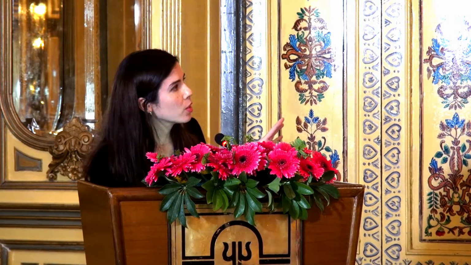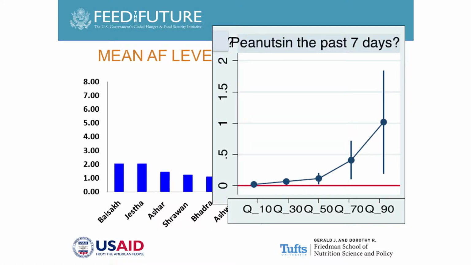And then, this might be a little hard to understand, but if you look at the aflatoxin exposure in the women from our study by percentile, so for example, you've got the lowest at the 10th percentile and the highest at the 90th. In our study, we're seeing that for those in the 90th percentile, when they report consuming peanuts on one extra occasion in the past week, we're seeing a much higher effect of the peanuts on the aflatoxin level.